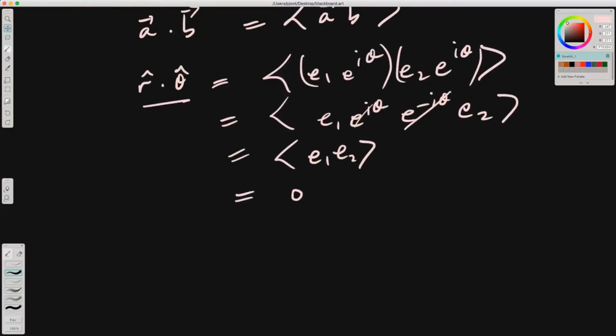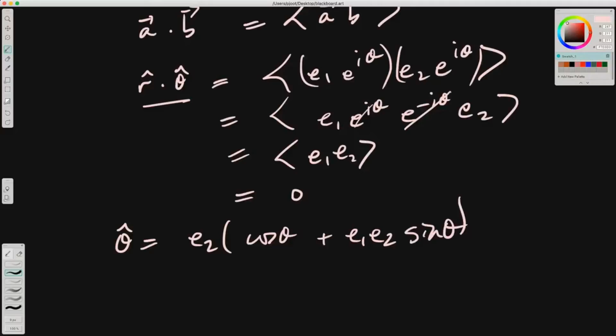If we wanted to write out theta hat specifically, we can do that. e2 times cos theta plus e1 e2 sine theta. That is e2 cos theta plus e2 times e1 times e2 sine theta.